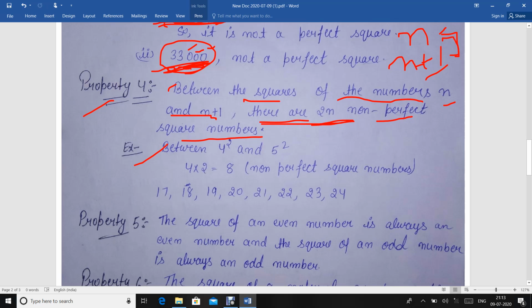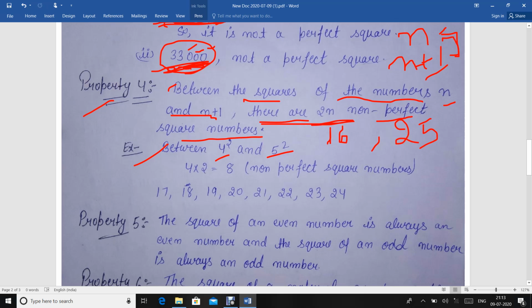For example, between 4 square and 5 square, you have to find the non-perfect square numbers. As you know, the square of 4 is 16 and the square of 5 is 25.